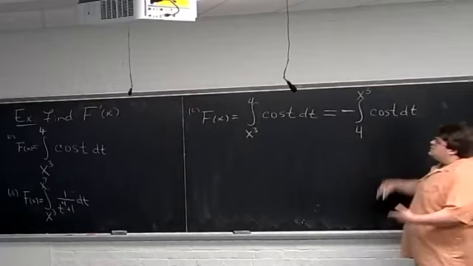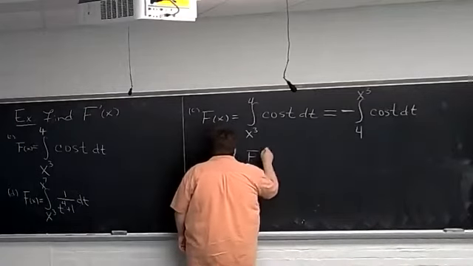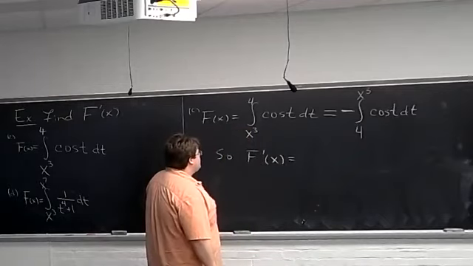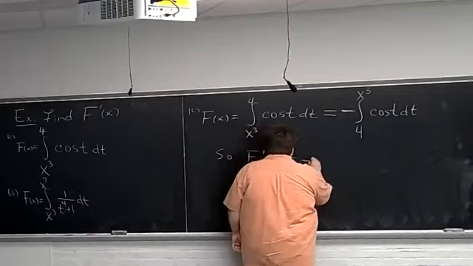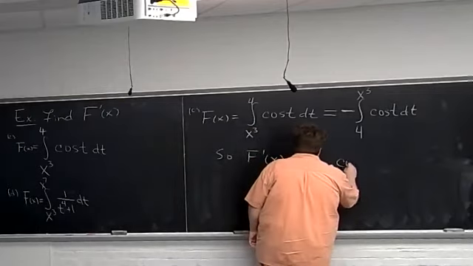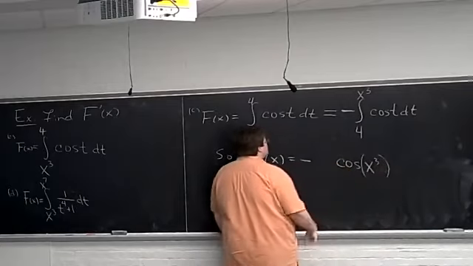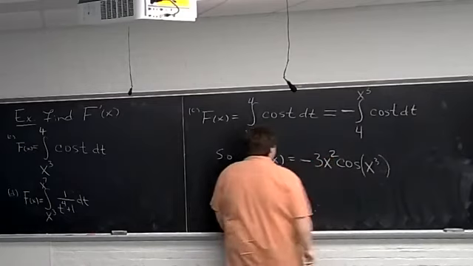So now over here, we can apply the first part of the fundamental theorem of calculus. So capital F prime. Well, we also would have to apply the chain rule since we have x cubed on top and not just x. Well, we have a negative. We have cosine, replace all t's with an x cubed, and then multiply by the derivative of x cubed using chain rule.